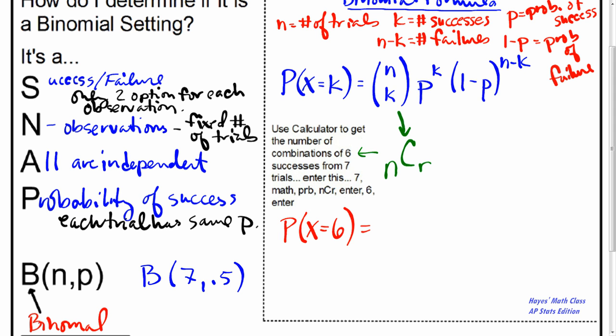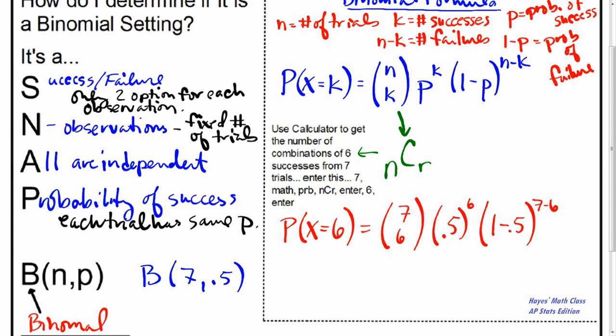So the first part is we need to go 7 choose 6. Then we multiply that by the probability of success raised to the 6th power. I'm going to write this out. Practically speaking, you can go 1 minus 0.5 in your head and get 0.5. I'm writing this down because, when you're looking back at this, you want to be able to say, how did I come up with that?